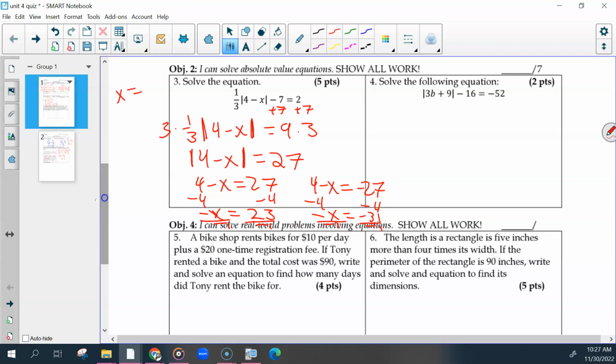So that x equals -23 and x equals a positive 31, and you would write that as a solution set, least to greatest. So isolating the absolute value bars was 1 point. Setting up both equations was worth 2. Solving both of them correctly was worth 1, and then getting your final answer was worth 1. Do we have any questions on that one?